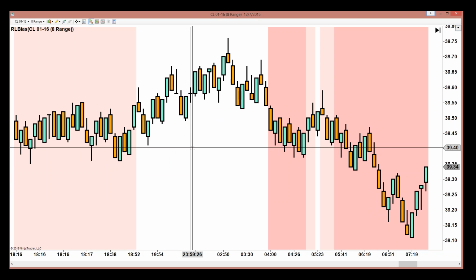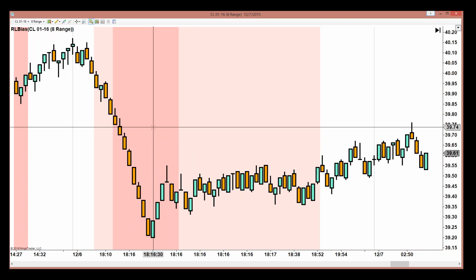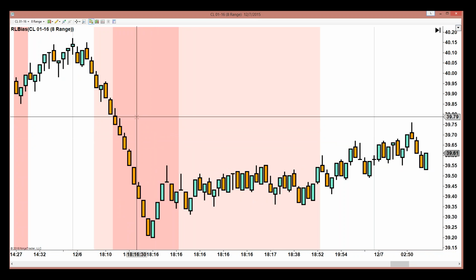Now, bias is an indicator that is not affected by any price movement on your trading chart. What it does is it assimilates market direction on two higher time frames.